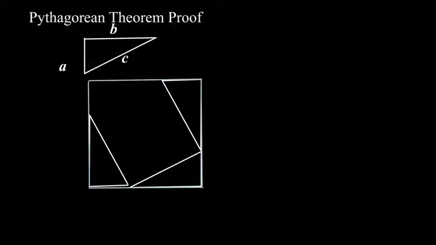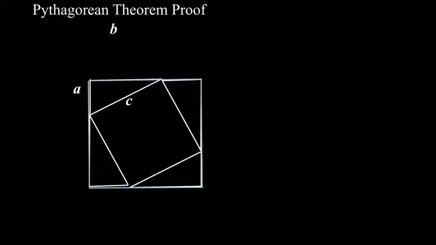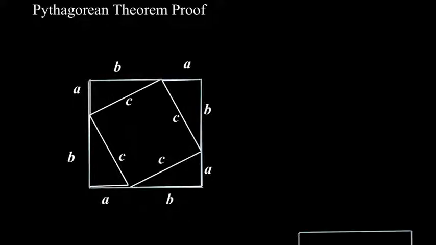When we put that triangle in here, this length is still A, this length is B. And if they're the same exact triangle all the way around, then we're talking about A, B, A, B, A, and B. And the other parts here being C, C, C, and C. All right, so now let's think about it.